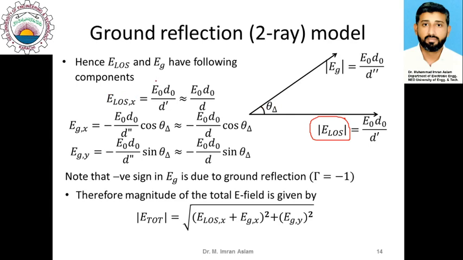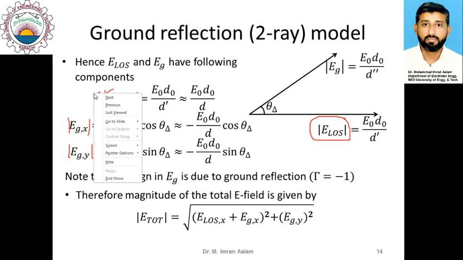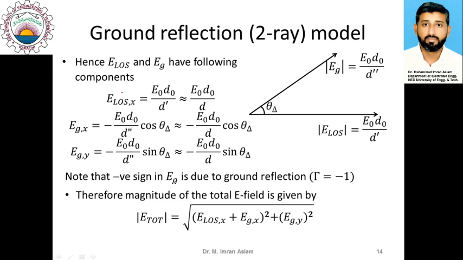For the LOS field, I should have written magnitude here, I will correct it in the final slide. So ELOS x, actually it's not needed, magnitude is not needed because I'm talking about components, so ignore that. So the component does not require to be represented by magnitudes.